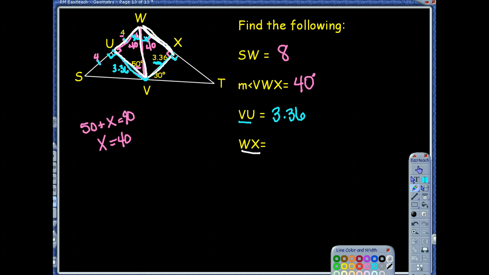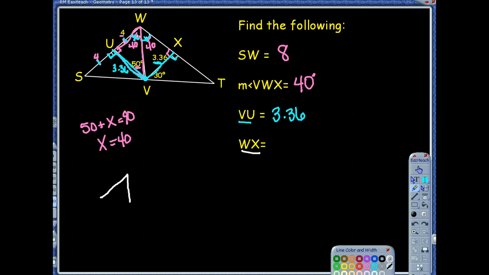And how do you know that? I could say by side-angle-side. Or no, I can't do side-angle-side because I don't know WX. That's what we're trying to find. I could do angle-side-angle, or even HL. Lots of reasons. So that means their corresponding parts are going to be congruent.